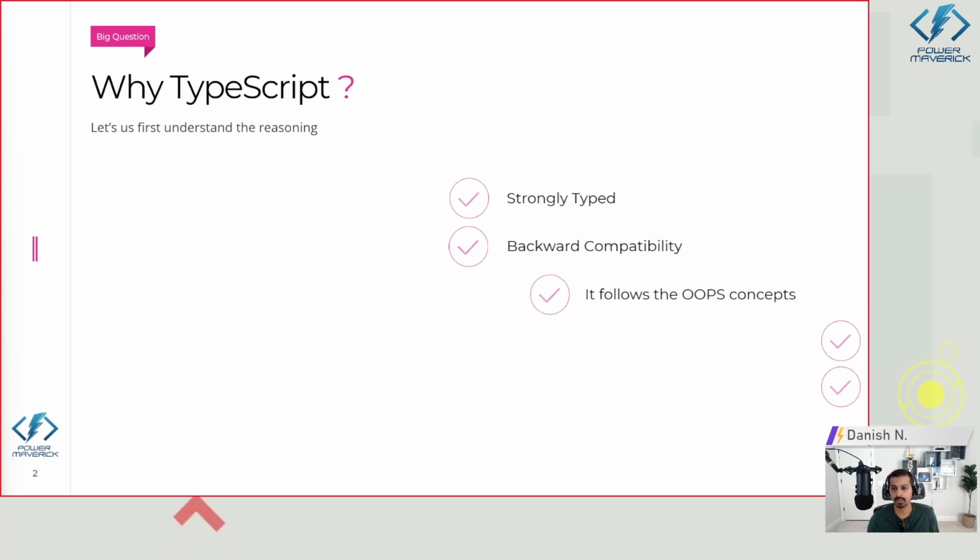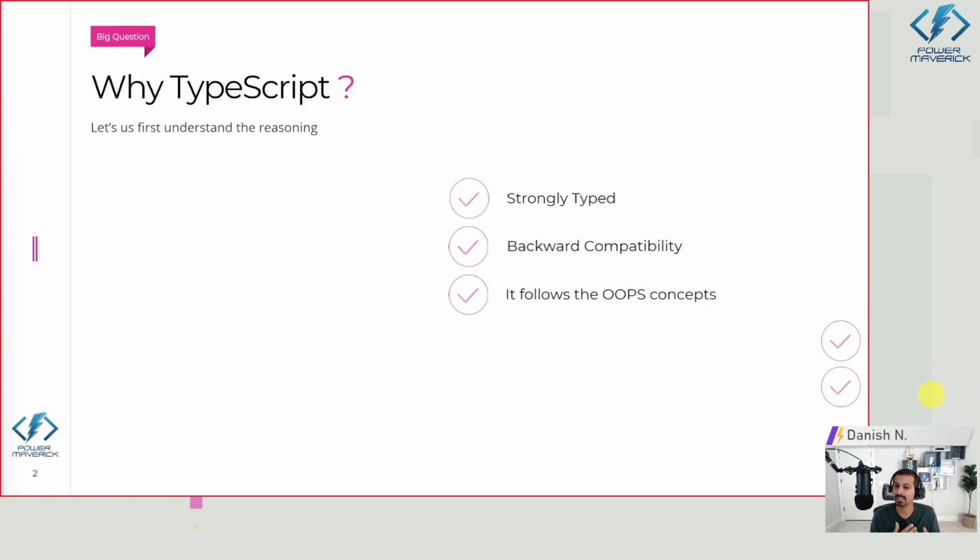Third, it follows the OOPS concept. Now you would say, well, JavaScript also at some level follows the OOPS concept if you write nice JavaScript code. But in my opinion, if you're coming from a C# background, then TypeScript and C# give you that kind of resemblance again.